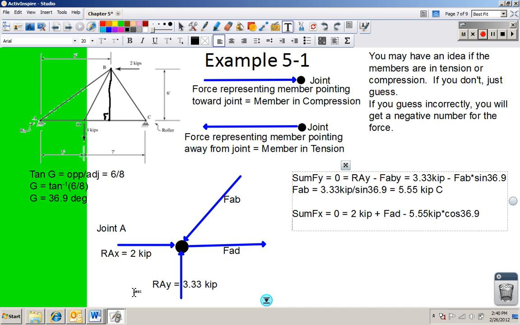Okay. So we have FAD is equal to, got to do the math here, 5.55 times cosine 36.9 minus 2.44 kips.